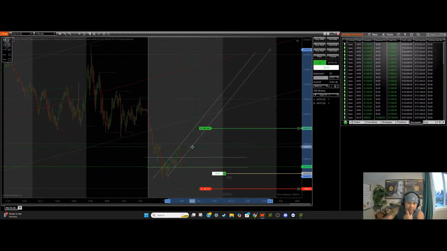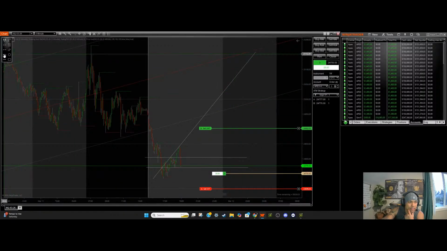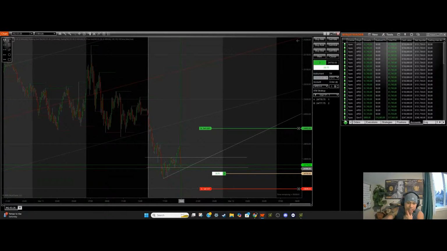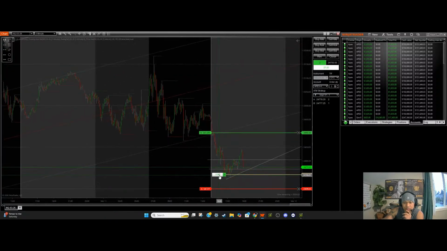Let me see, what's the other case scenario here? We have a swing low here and another swing low. So he wants to go that far down? Oh man, all the way down to 65? That's an ugly pullback, dude.